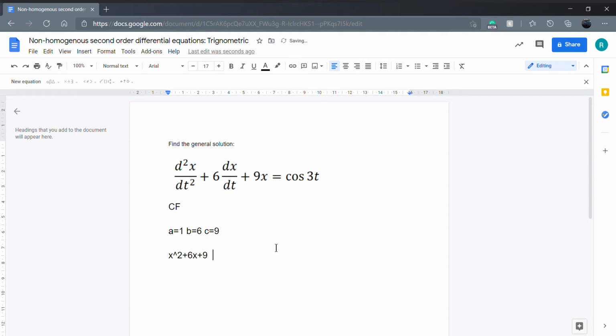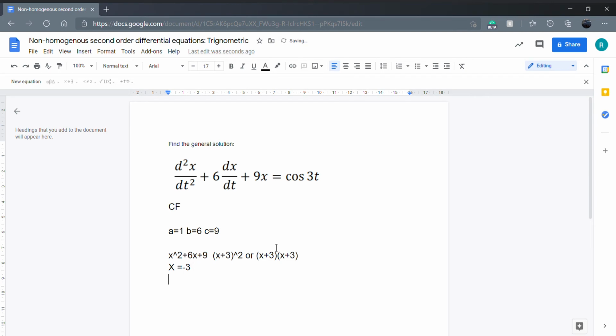And then we try to find the roots, where we have (x plus 3) squared, or (x plus 3) times (x plus 3), where the roots equal, where x equals -3.